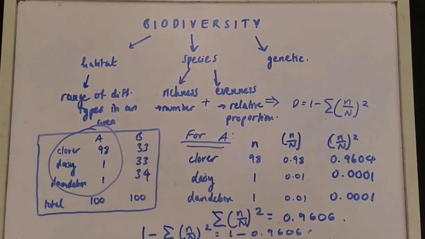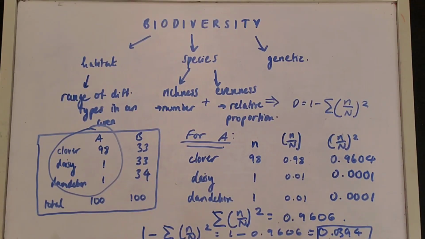Which gets you to an answer of, there we go, which is actually a very low value. It's very close to 0, indicating that this field has a very low Simpson's index of biodiversity. This field has a very low species biodiversity. It's very close to 0.